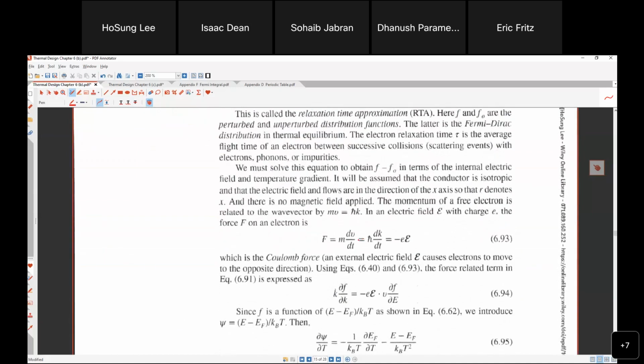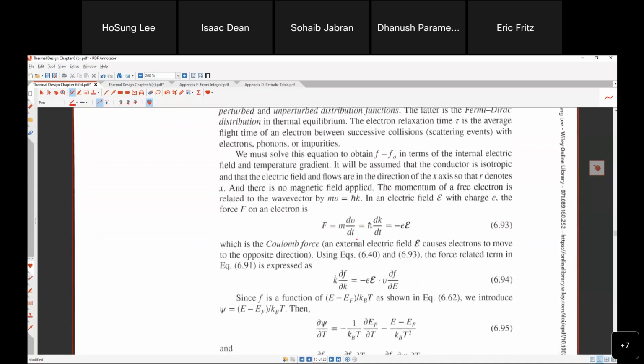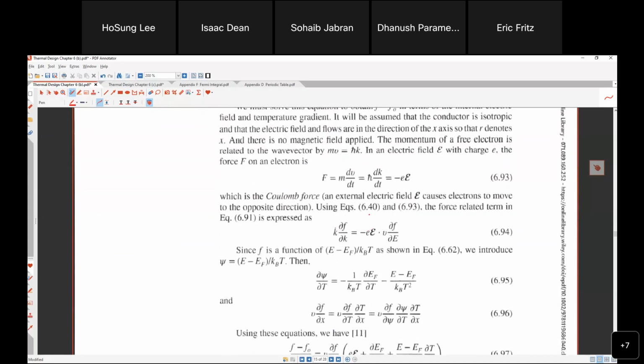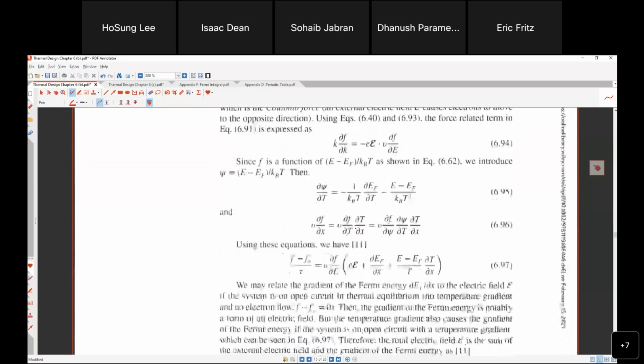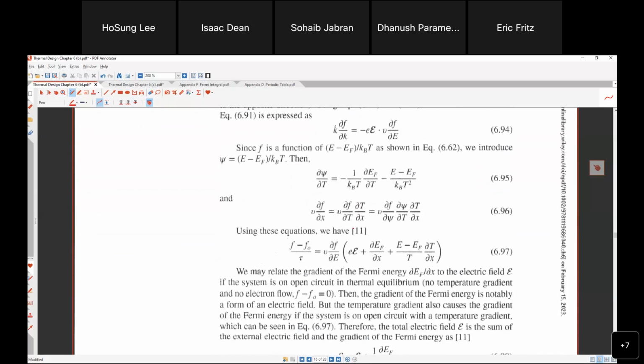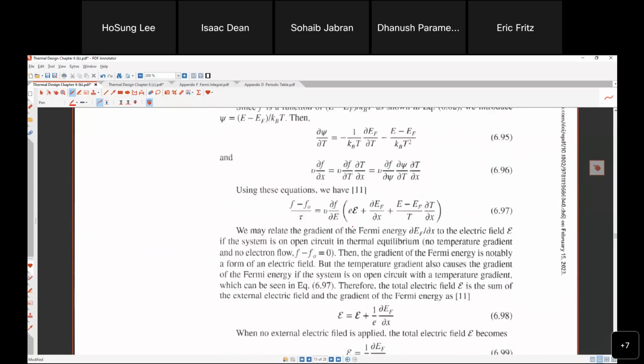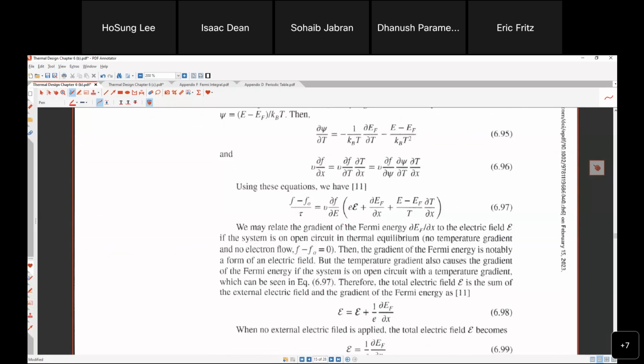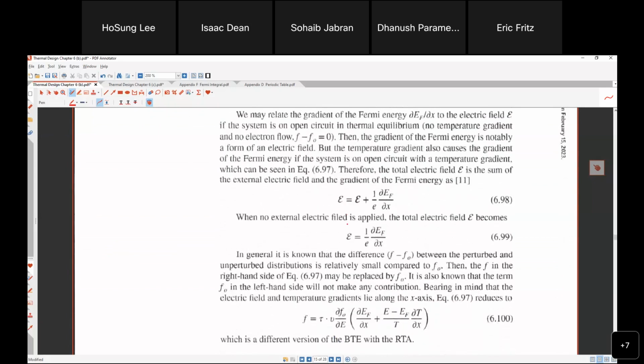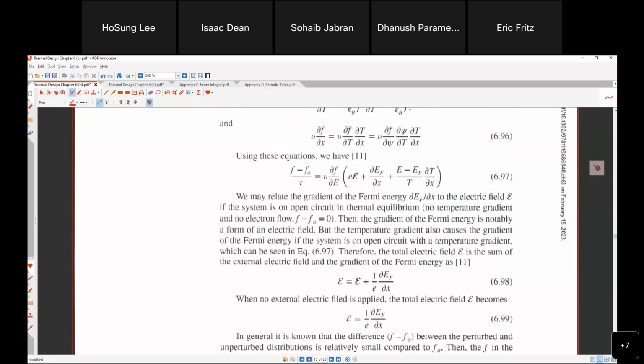Once we use that, and then using some properties of electrons called Coulomb forces and the Fermi distributions, we come up with this.